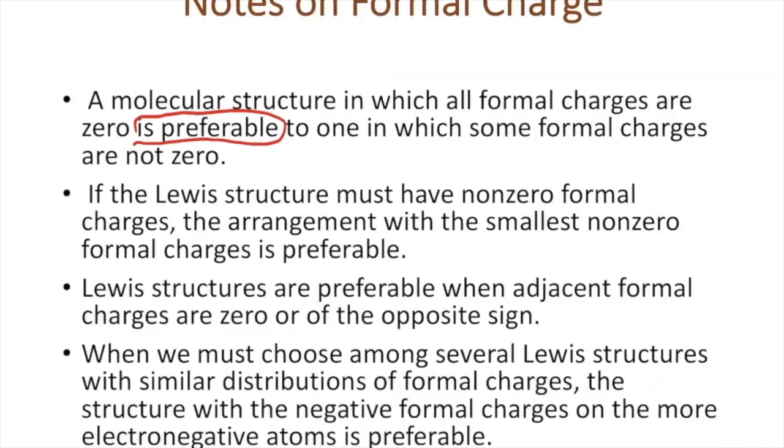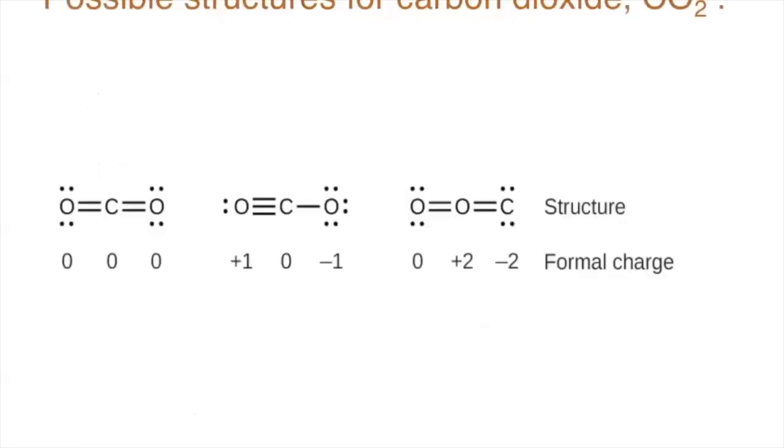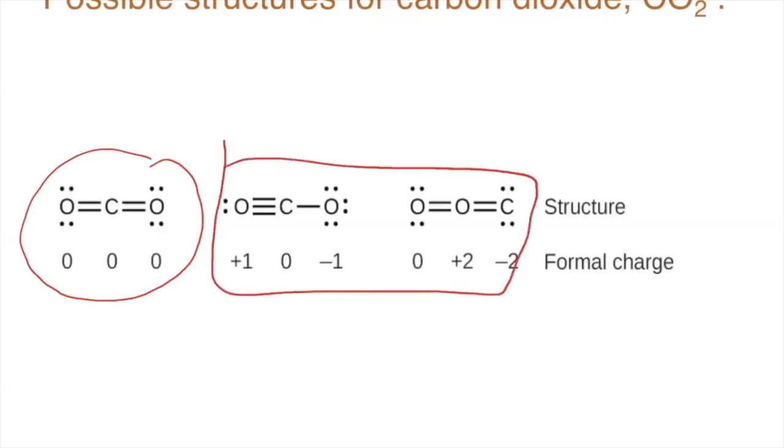If the Lewis dot structure must have a non-zero formal charge, the arrangement with the smallest non-zero formal charge is preferred. So let me give you an example. Here you have 3 formal charges. So we already know that this has all 0, so this is preferred. But if you only had these 2 formal charges, which one would be preferable?